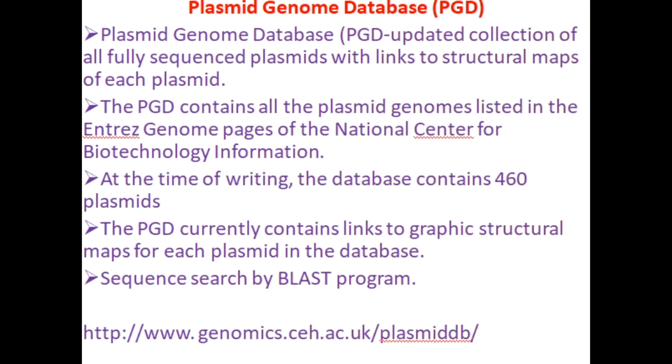The PGD contains all the plasmid genomes listed in the NRIS because it was collaborated with GenBank. At the time of writing the database, it contained 460 plasmids.